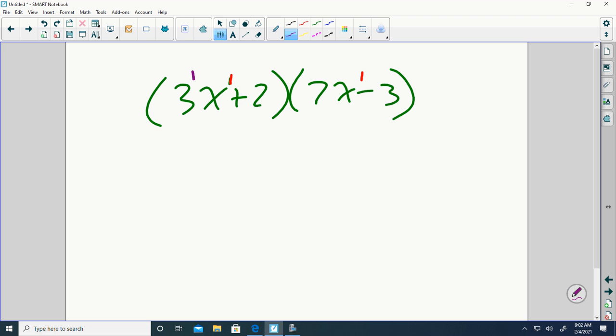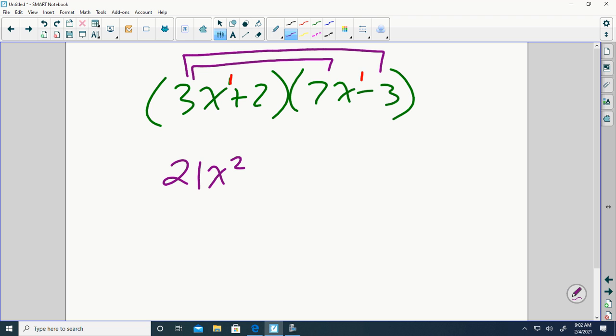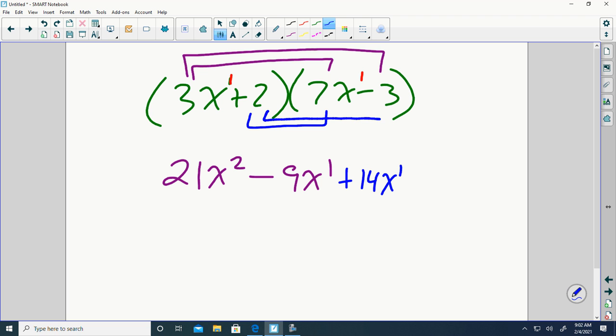Ready? 3x times 7x, 21x squared. I feel happy. Yes? 3x times negative 3, negative 9x to the first. I don't have to have it to the first, but I can. It's not going to hurt anything. And then I have to make sure that I distribute 2 times 7x. And then distribute that.